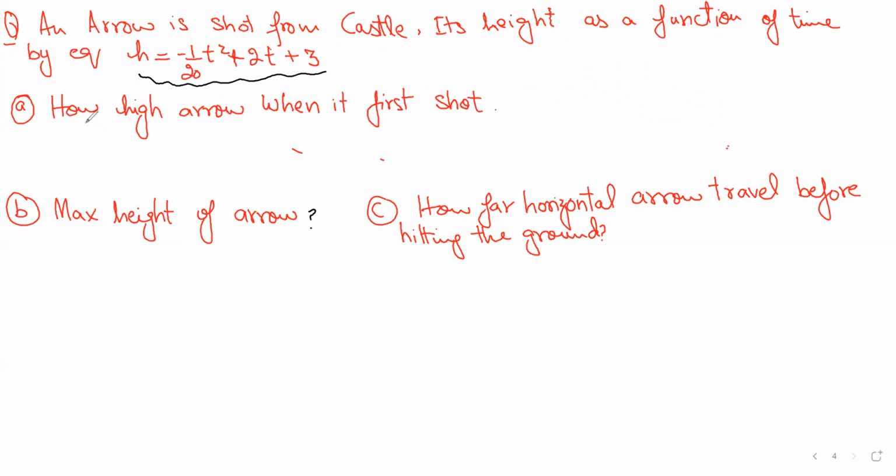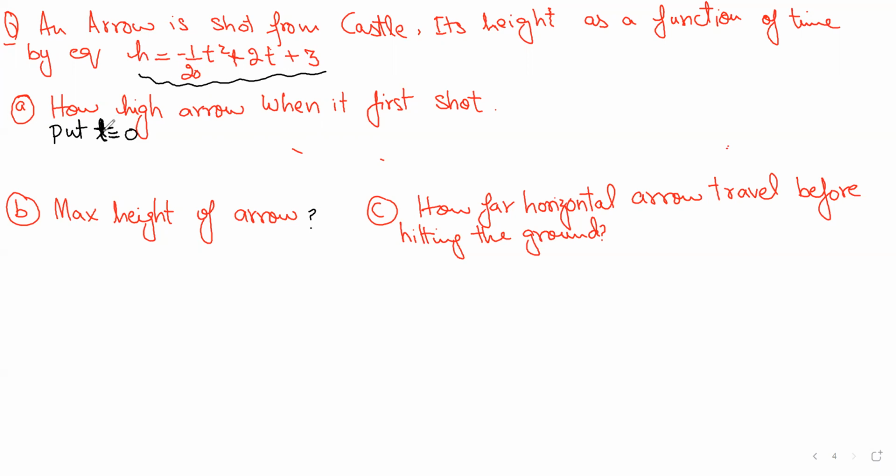I'm going to write here, because they asked how high the arrow is when it is first shot. So it's just about finding the y-intercept. In order to find the y-intercept, we put x equals 0, because whenever we have to find the y-intercept, we put x equals 0. It's a rule. But in this case, there is t instead of x, and instead of y, it's h.